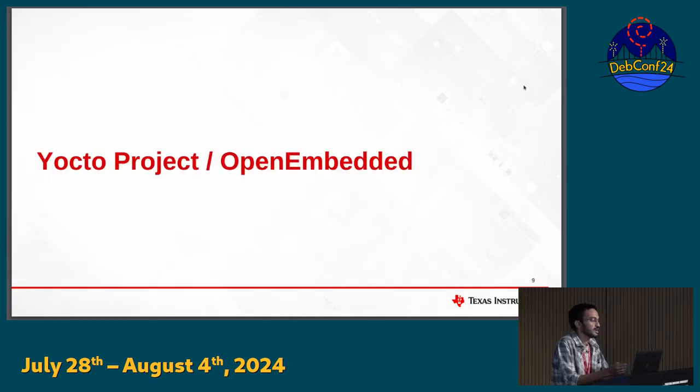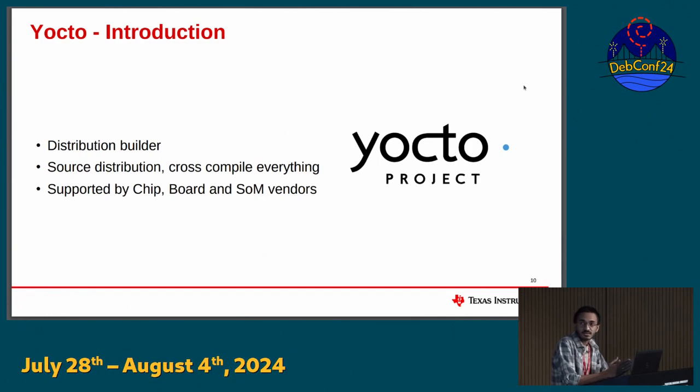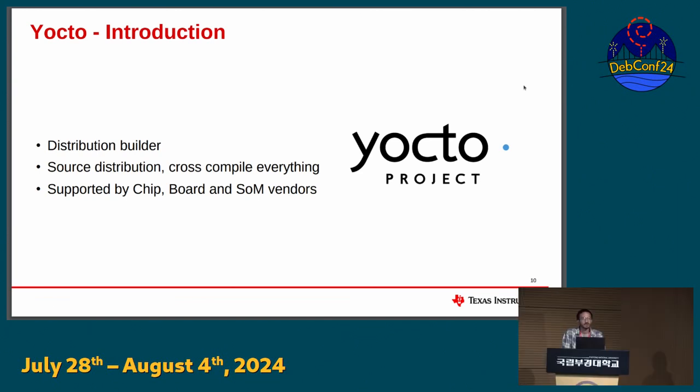So, Yocto. As I said earlier, Yocto is a distribution builder. It's a source-based distribution. In Yocto, we just have the metadata for every software component that we have. They are called recipe files. In the recipes, all you have is where to get the source of that particular package, the revision, and the steps on how to compile, what to install, and other stuff.